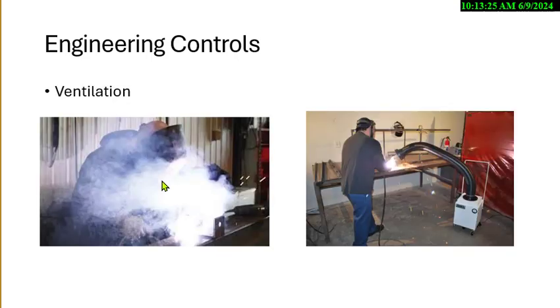Ventilation. Remember I said welding smoke is a cancer-causing fume. When you're in that cloud, you're breathing it. And the idea is that we can always wear a respirator, which is always the last choice. PPE is the last choice on the hierarchy of controls. But it's much easier to have an engineering control, such as a fume hood or a smoke hog like you see on the right. It draws the smoke away from the breathing zone.